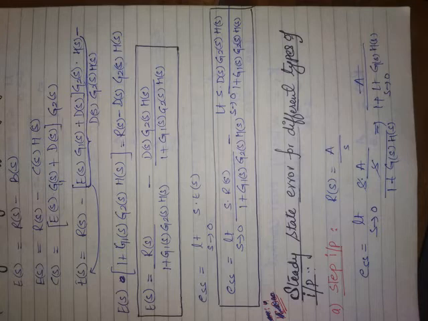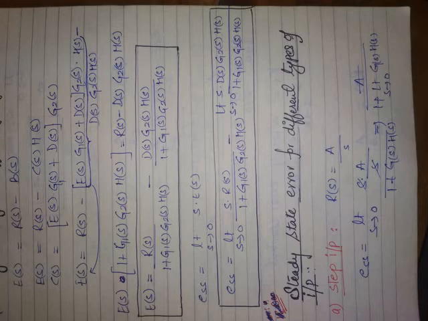If and only if H of s is 1, then B will be directly equal to C. B will also indicate output if and only if it is a measuring element, that is a sensor or transducer. If you keep any sensor or transducer that is measuring the changes in output and the same output is getting compared with input.